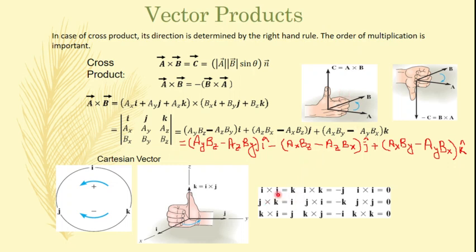That is why if we take i cross j, then it gives you the k vector.